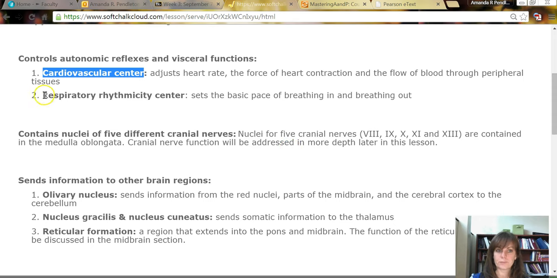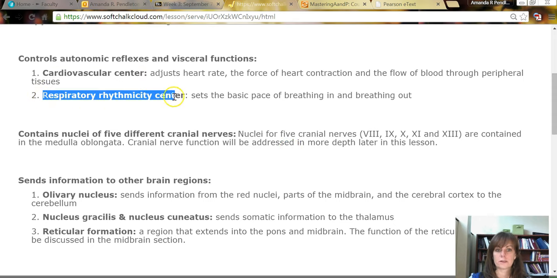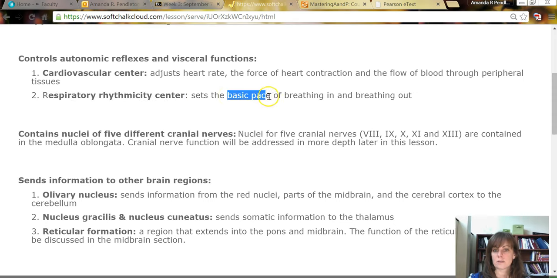Okay. Now this point here is one that students often get confused, the respiratory rhythmicity center. This is from your book: it sets the basic pace of breathing in and out. But what this means is it's not really going to speed up your breathing rate or slow it down so much like the pons will. I think of it like a spark plug: if it fires, then you breathe in, and it fires again, you breathe out.